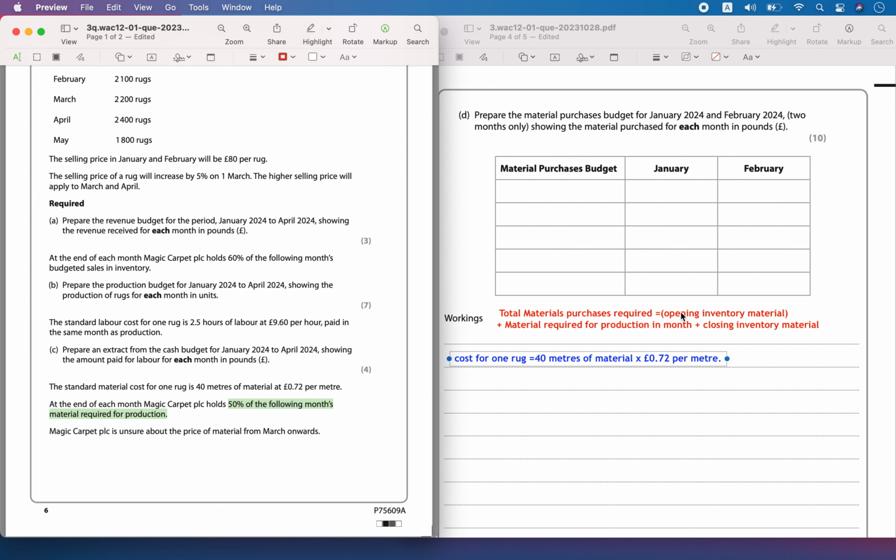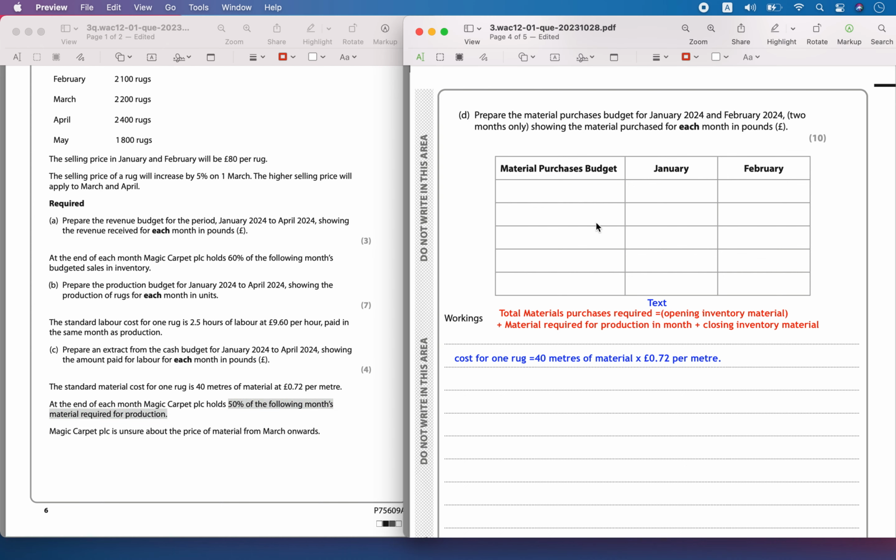Now, in the general formula, let's put it here. The first one is the opening inventory material, less opening inventory material, and then you have the material required for production in that month.